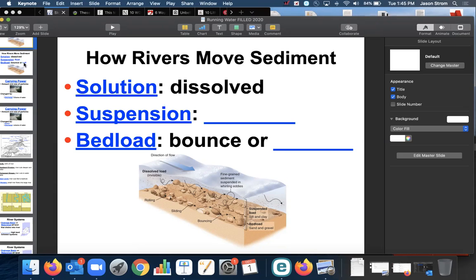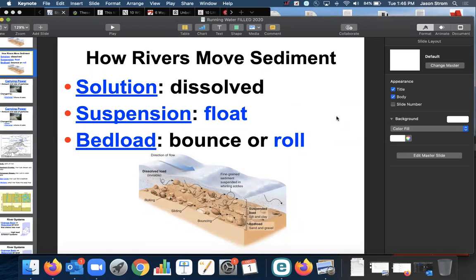The next one, suspension, which it says float, which is kind of deceptive, because whenever I hear the word float, I think of something floating on the surface of the water. It's not quite like that.